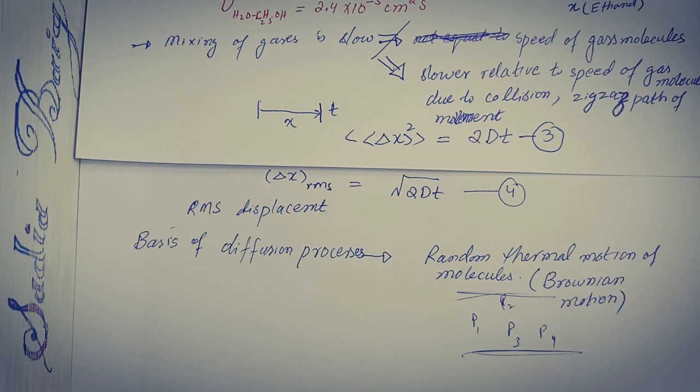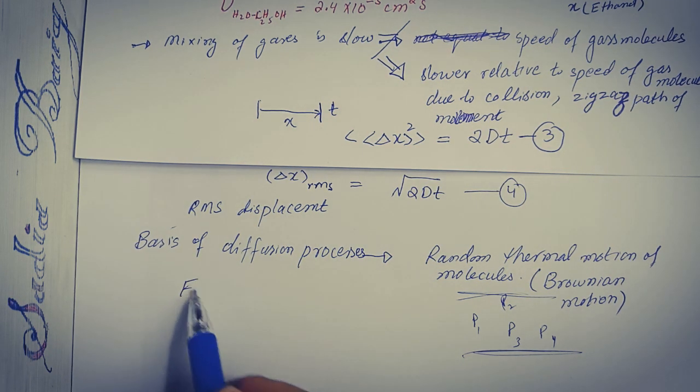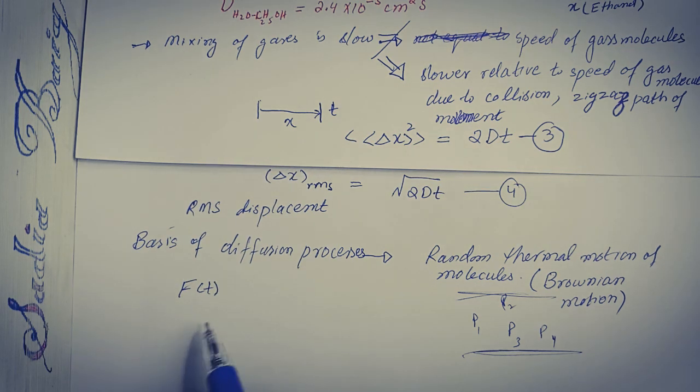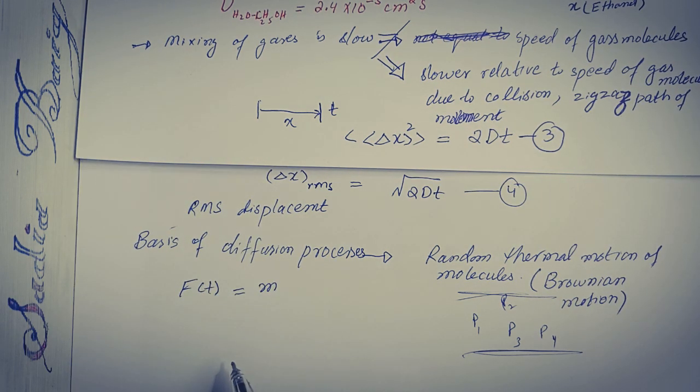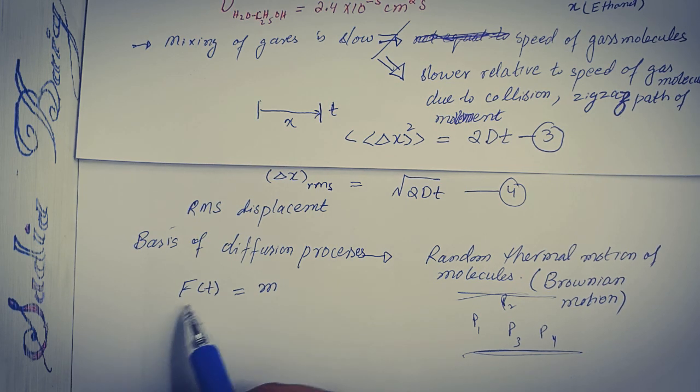So the random motion of the molecules is due to the experience of force that is based on the time, that is equal to the mass of the molecule. Let's call it in x direction.